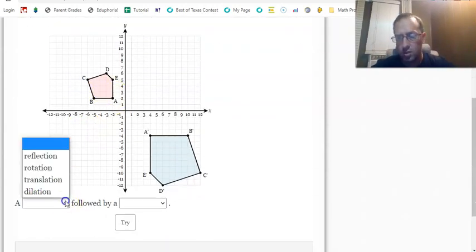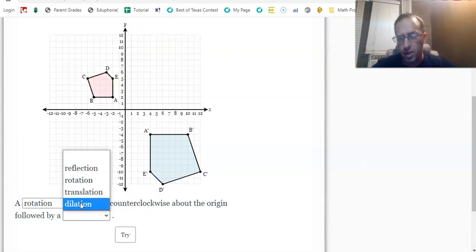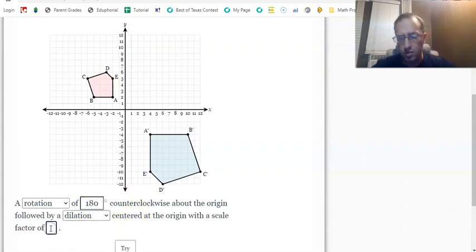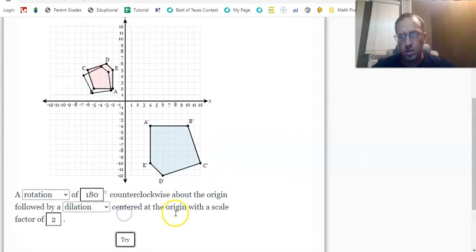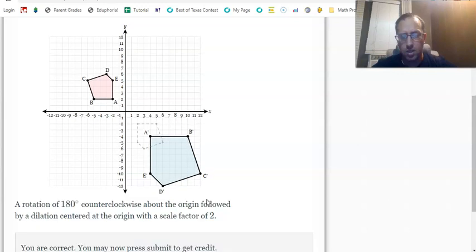So let's change the order. Let's do the rotation first. Rotation 180 degrees, followed by a dilation with a scale factor of 2. And see if that works. There's the rotation. And there's the dilation.